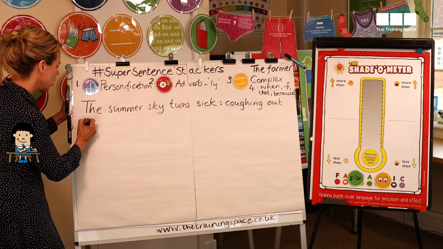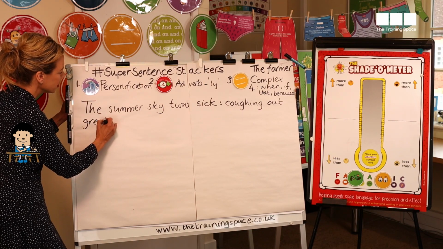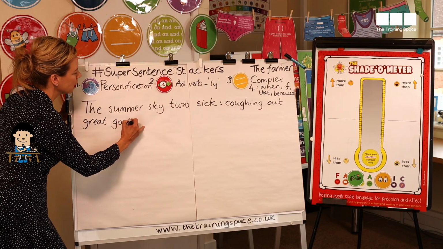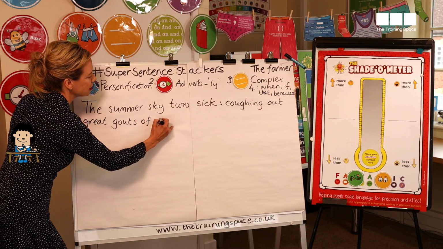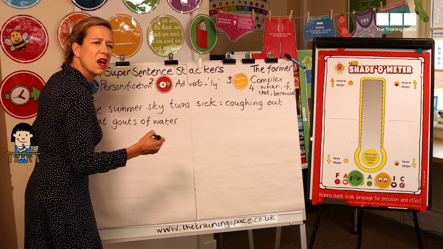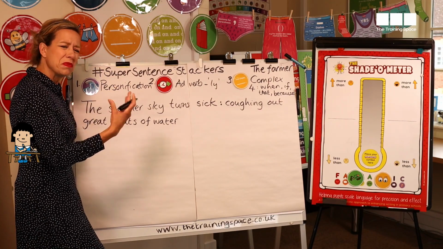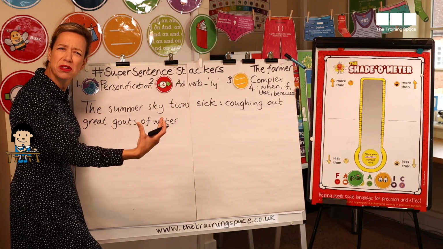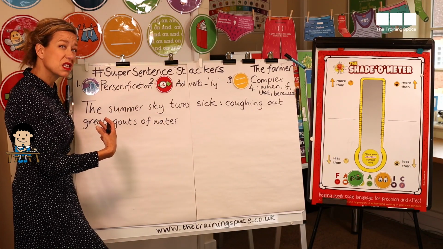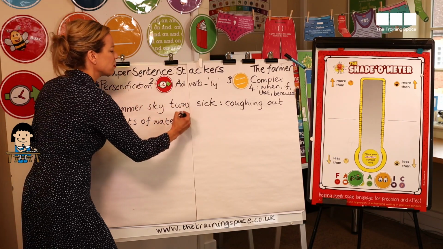Coughing out, great gouts of water. Oh, yes. I'm going to think of other things you might do when you're sick. You might, that coughing, you might be spluttering as well. Spluttering's quite good. Coughing out great gouts of water.